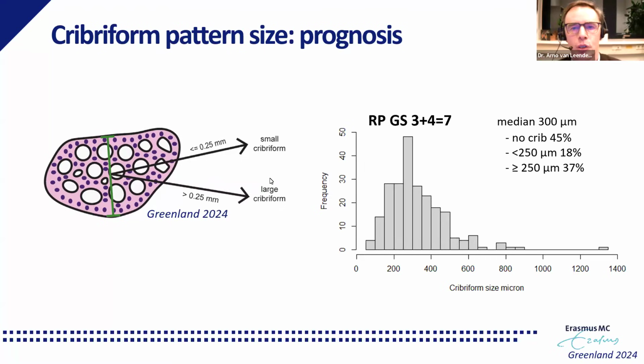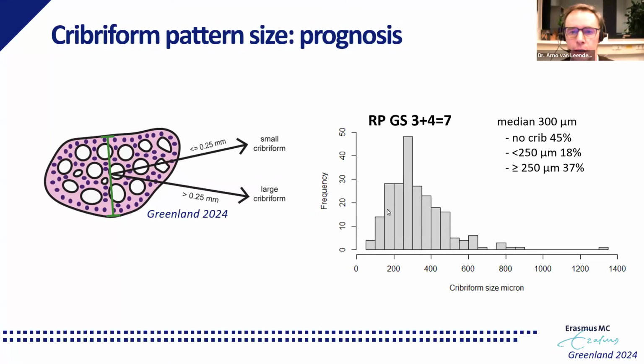In the literature, also some other criteria are used. But it seems, and we'll come back to that later, that this 0.25 millimeter is the most appropriate diameter if you want to distinguish small versus large cribriform. So what's usually the distribution of cribriform pattern?